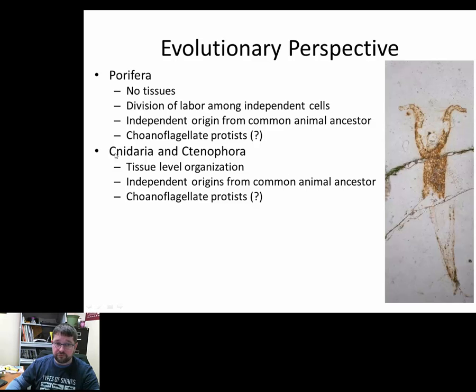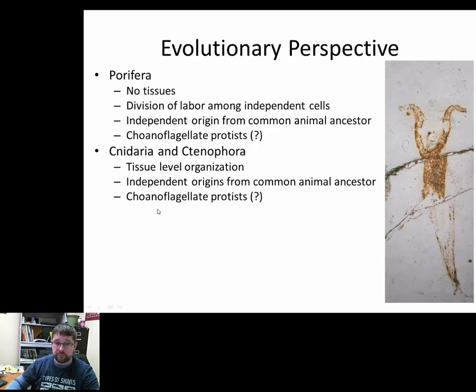Again, both Cnidaria and Ctenophora have independent origins from other animal ancestors. They're independent of Porifera. So this is a polyphyletic group, not the monophyletic group that we're after. And again, probably the result of choanoflagellate protista giving rise to them.